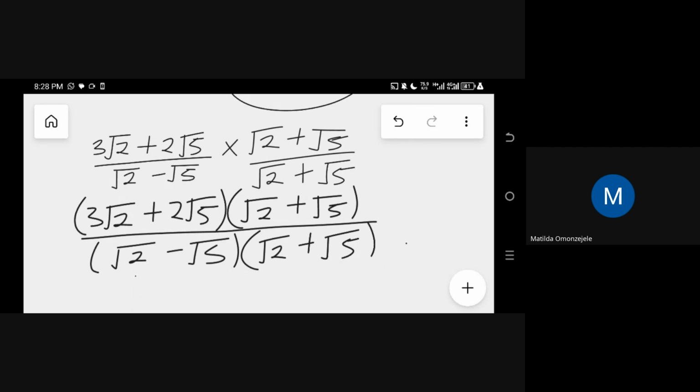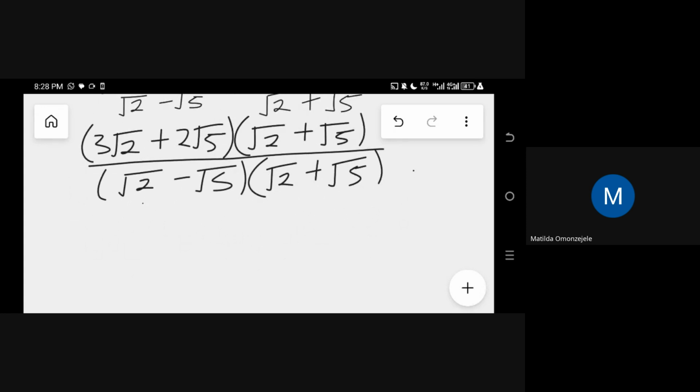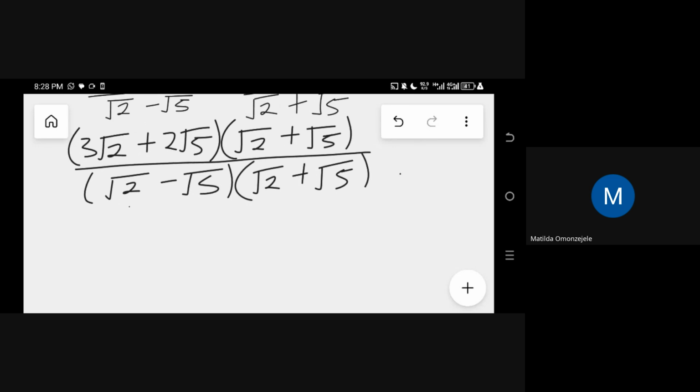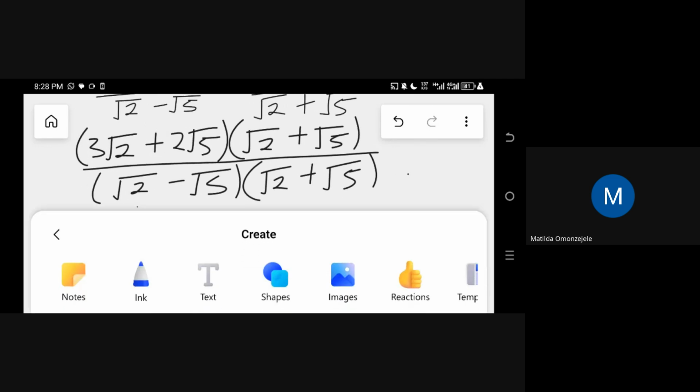So now I have brought them together, the top multiplying the top, and the bottom multiplying the bottom as well. So now someone take the expansion of the top, the numerator. Who will take the expansion of the numerator?